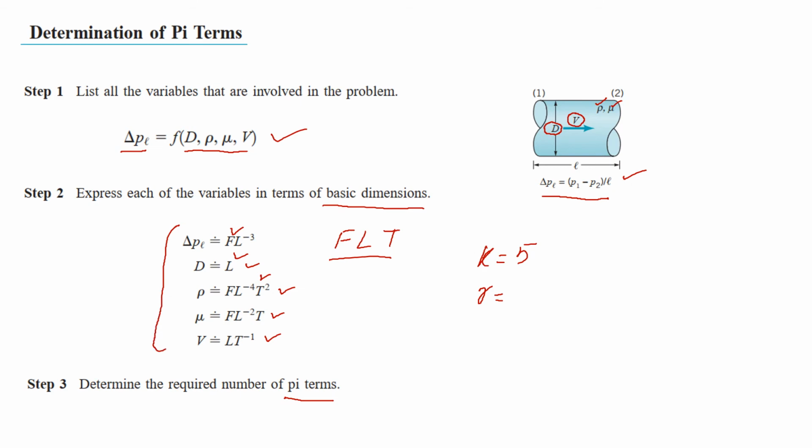So the number of reference dimensions is 3. So by using the Buckingham Pi theorem, that is K minus R, this will give us the number of our required terms. So we require 2 pi terms to combine these variables in dimensionless form and create 2 pi terms. So this was our step 3, in which we used the Buckingham Pi theorem to identify the required number of pi terms. So now let's move on to step 4.